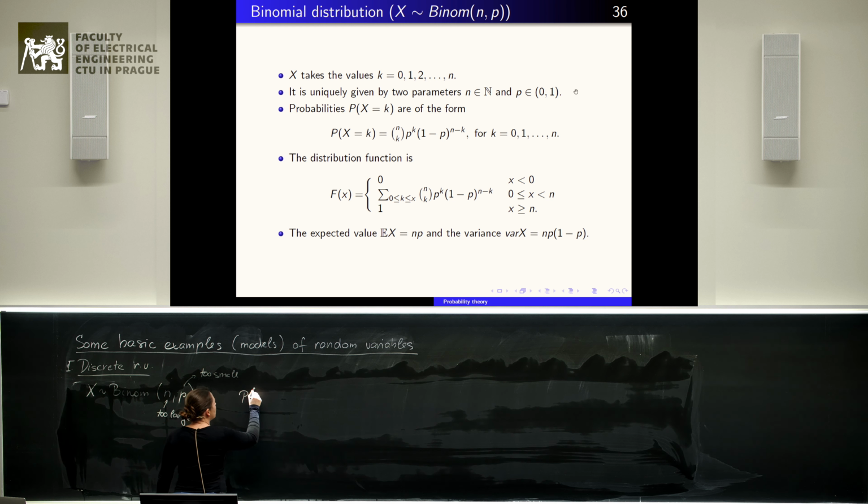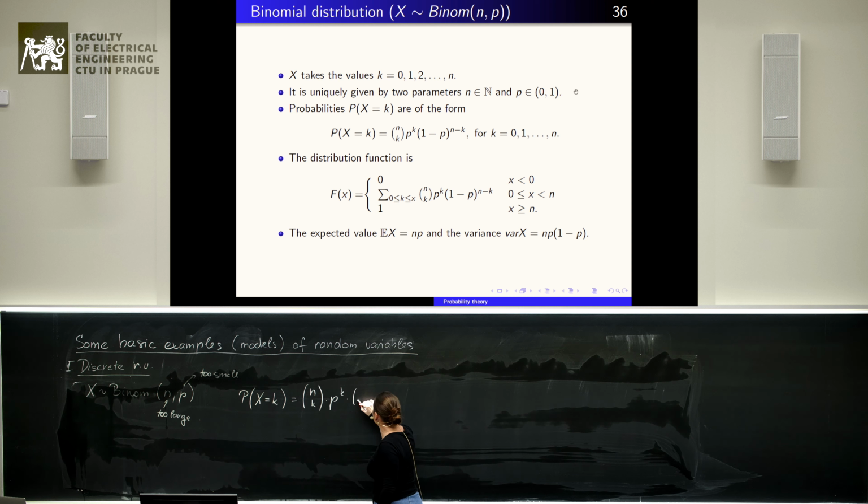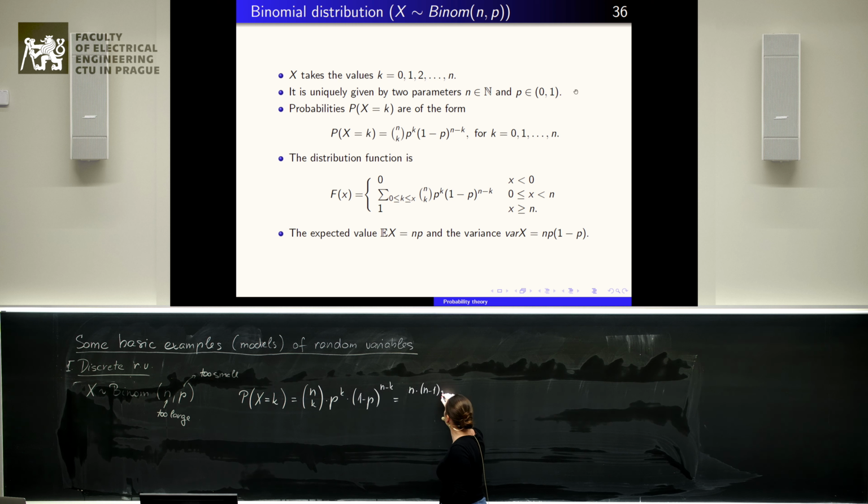So it means that the probability that x is equal to k is n choose k times p powered by k times 1 minus p powered by n minus k, which is n times n minus 1 times and so on times n minus k plus 1 over k factorial.